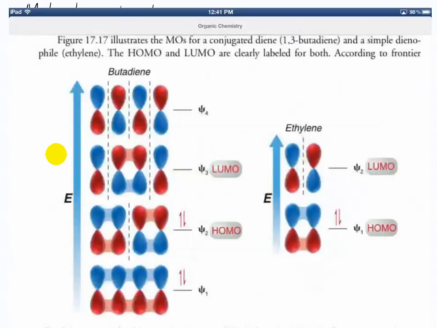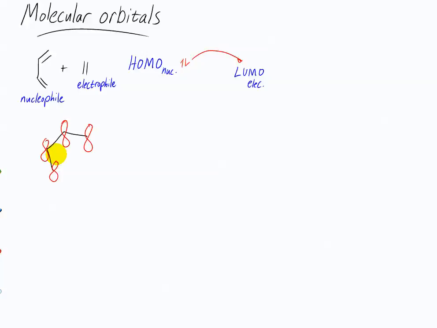Okay? So it's this shape, 2 in phase, and then a node, and then 2 out of phase. So we're going to draw that now on this. So we've got 2 in phase, and then a node, and then 2 more in phase, like that. So that's the HOMO superimposed on the molecule.